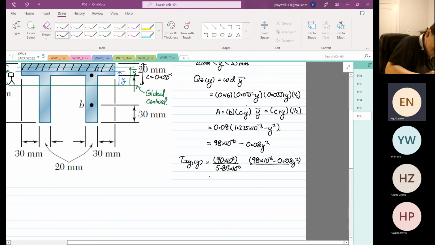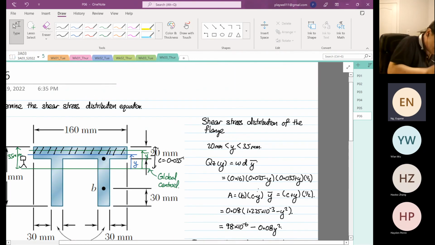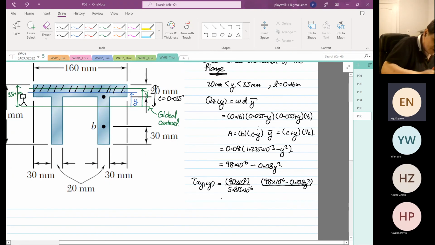Because in this case we are focusing on the flange, we know the thickness is constant at 0.16 meters, so this is divided by 0.16.